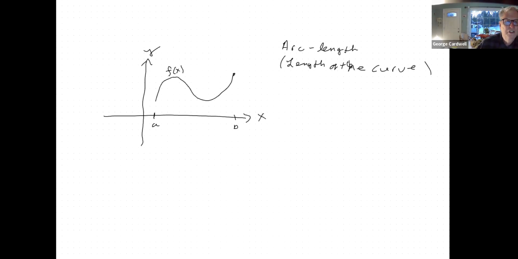So how could we estimate this length? Well, one way to estimate it is, as you probably guess, we'll divide the x-axis into n intervals. Say this is xk, and this would be xk plus 1.